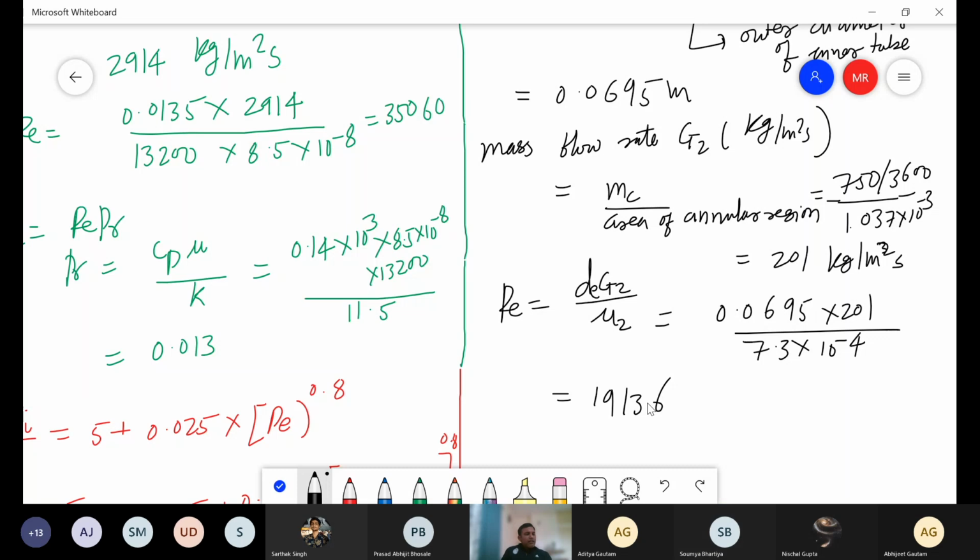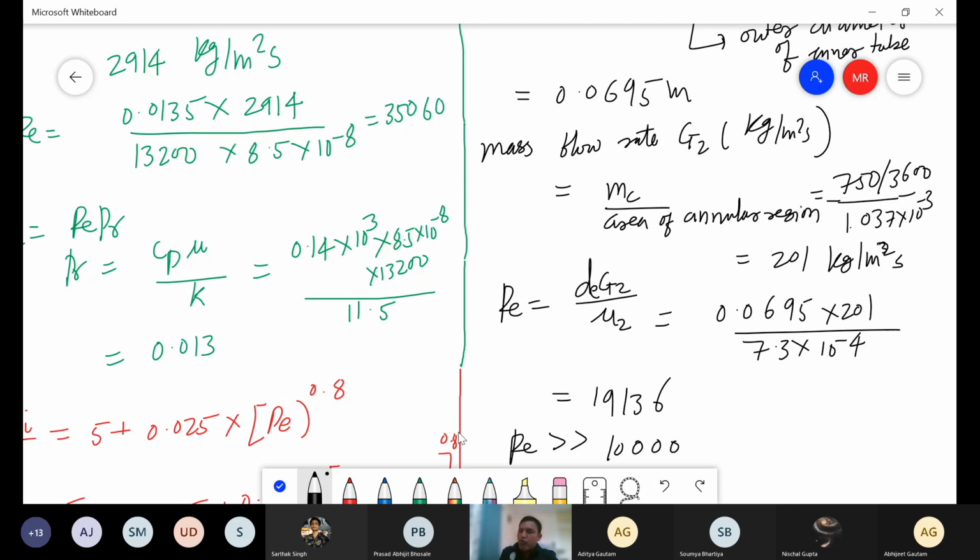Yes, sir. Now this Reynolds number is very, very large compared to 10,000, isn't it? Yes or no? This is 19,000. When Reynolds number is more than 10,000, what type of flow is it? Turbulent flow, isn't it? So basically in the annular region, water is flowing under turbulent condition.